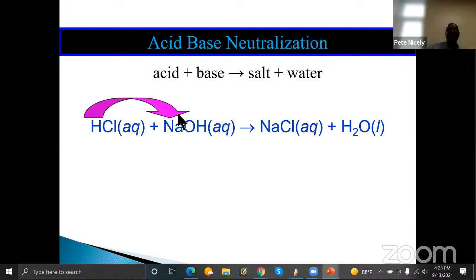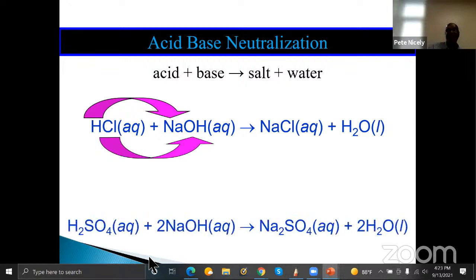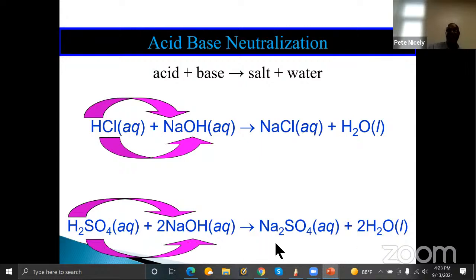So the hydrogen displaces the sodium, the chloride displaces the hydroxide, you end up with these products, and that's basically what happens in a typical acid-base neutralization reaction, all right? Here's another example, same principle. In this case, the hydrogen will displace the sodium again, and the sulfate, which is a polyatomic ion, will displace the hydroxide, and you're going to end up with your products, which would be sodium sulfate and water, all right?